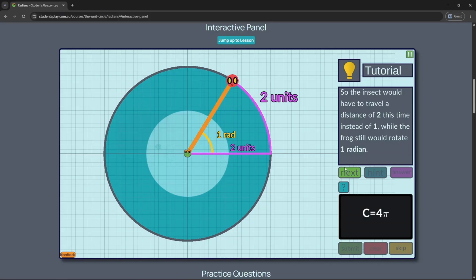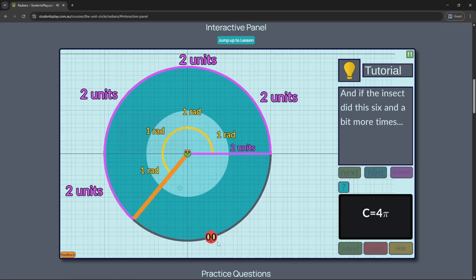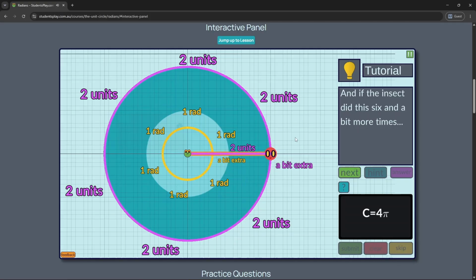1 radian, okay. And if the insect did this 6 and a bit more times, so 2, 3, 4, 5, 6, and then a little bit more. I think I meant to say 5 and a bit more times, but it's 6 and a bit total.